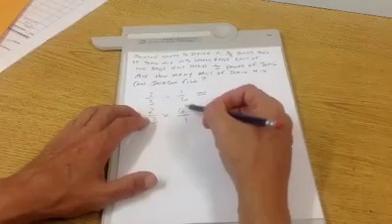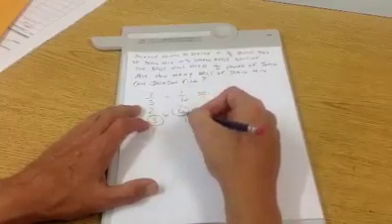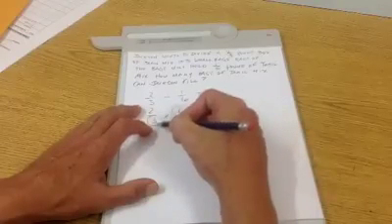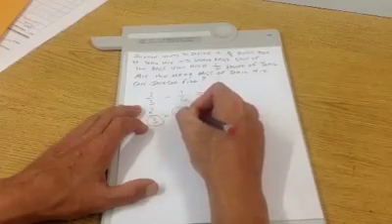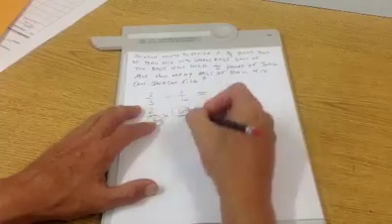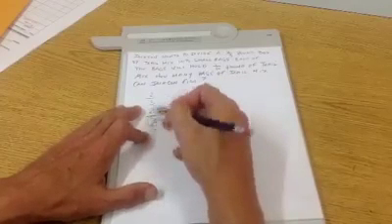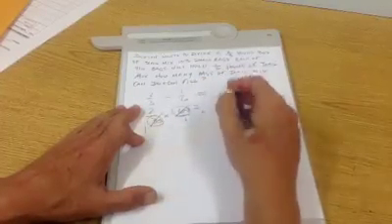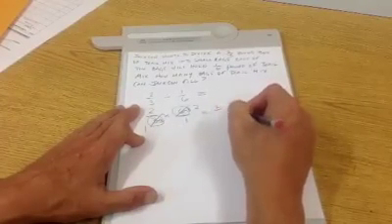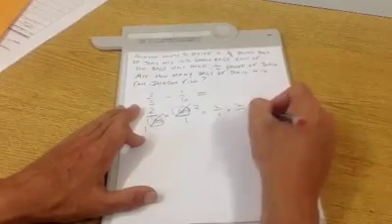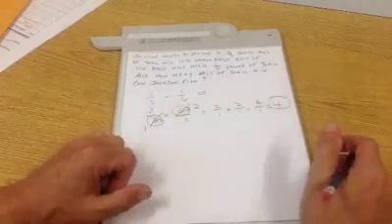When you look at the 6 and 3, what number evenly goes into 6 and 3? 3 does. So you take that 3 and you divide both numbers by 3. 6 divided by 3 is 2. 3 divided by 3 is 1. So our new equation is 2/1 times 2/1, which will give us 4/1, which gives us 4. The answer is 4 bags.